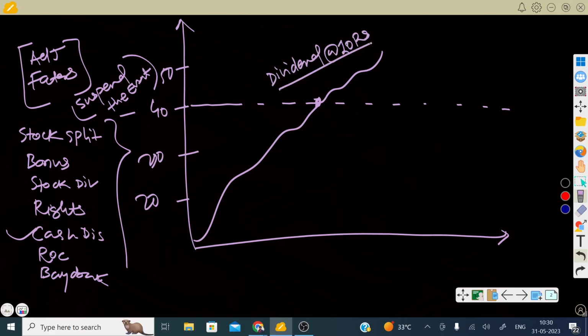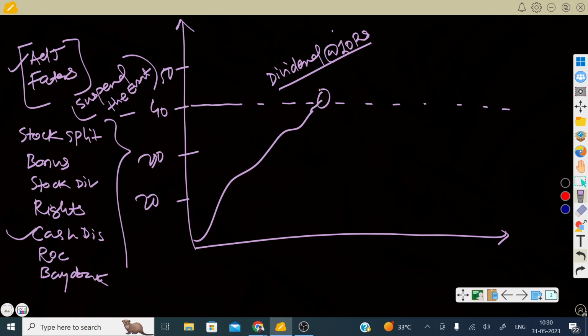As I told, it's an adjustment factor. Then the stock exchange will automatically adjust the 10 rupees. It means the price will correct. Automatically the price of that security will drop in the market. So the price will work like this.